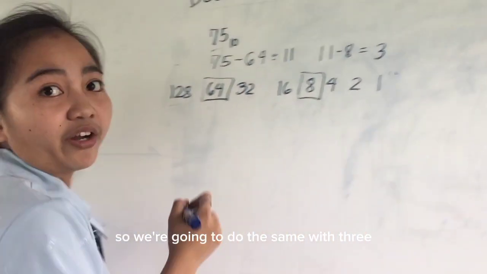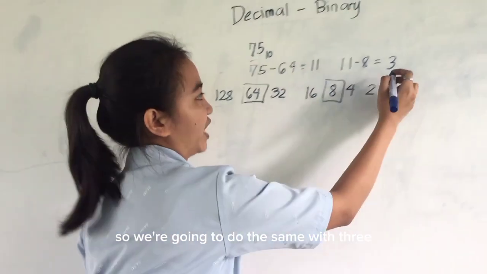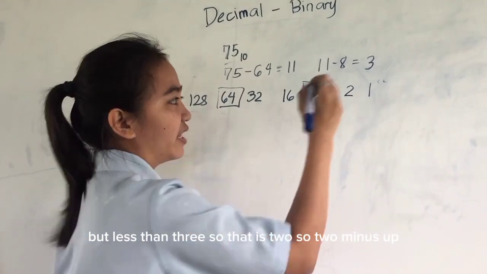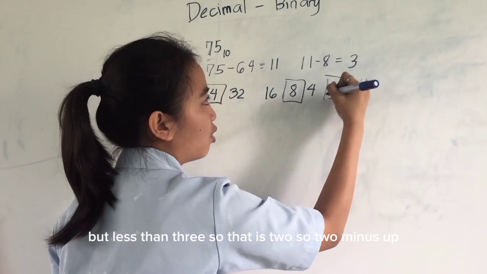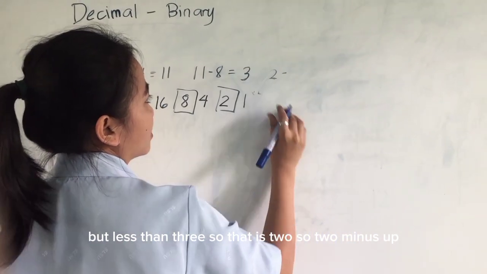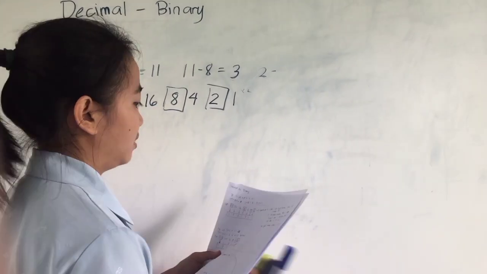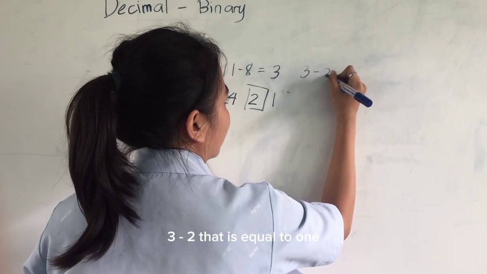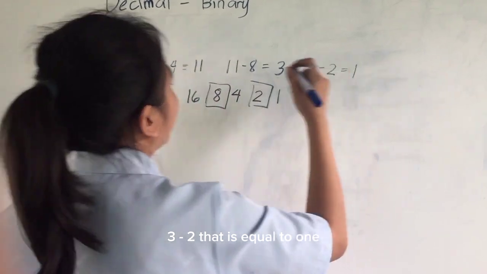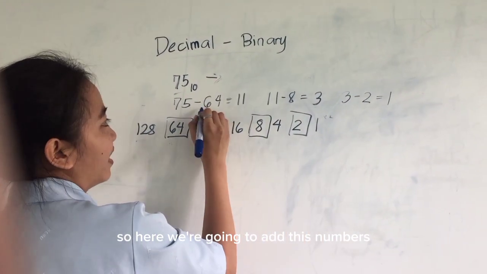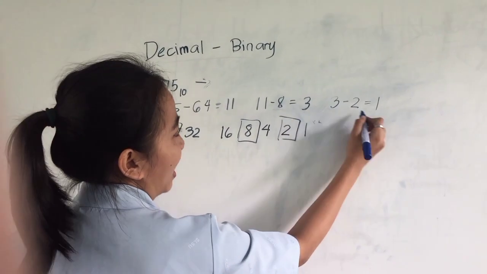So we're going to do the same with 3. We're going to find the highest number that is less than 3. So that is 2. So 3 minus 2 is equal to 1. So here we're going to add these numbers.